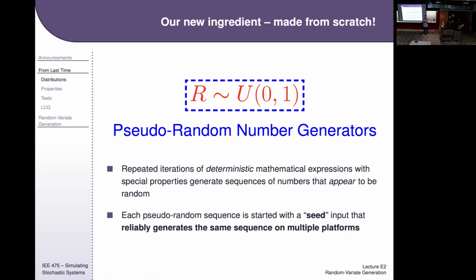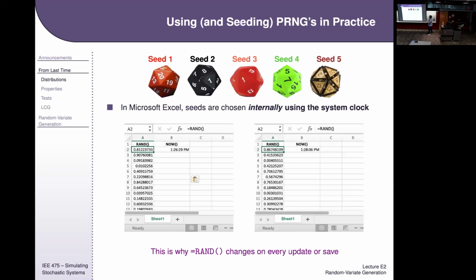Once you give the seed, the question is whether you get an unpredictable uniform sequence out of that. In Microsoft Excel, it picks the seed for you from the clock. So every time you reload the same spreadsheet, because the time changes, you get a different set of random numbers.